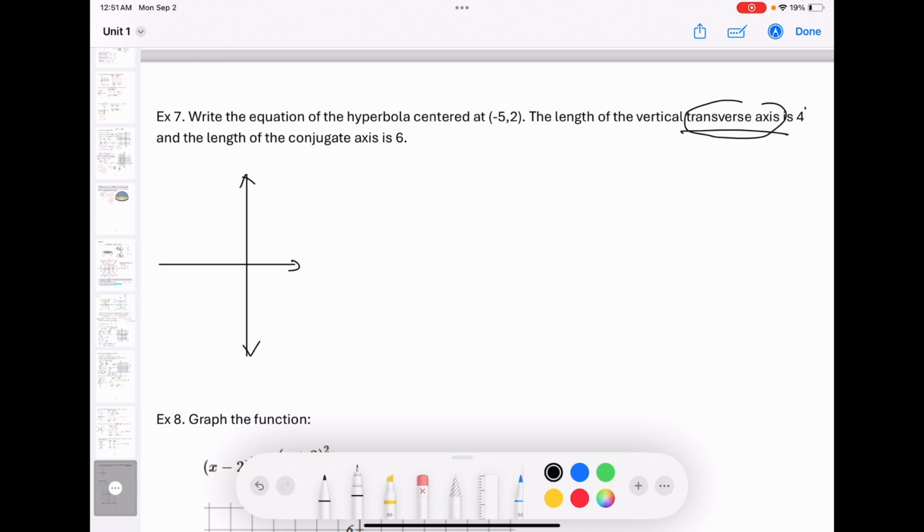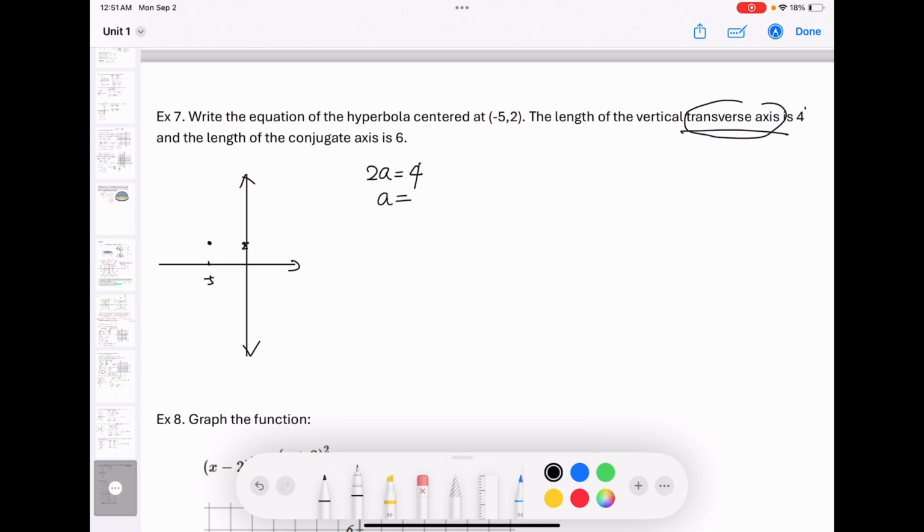Okay, first, the center is at -5, 2. So this is -5, and this is 2. So this is the center. The length of the vertical transverse axis means 2A is equal to 4, because the length of the transverse axis is 2A, the distance between two vertices.